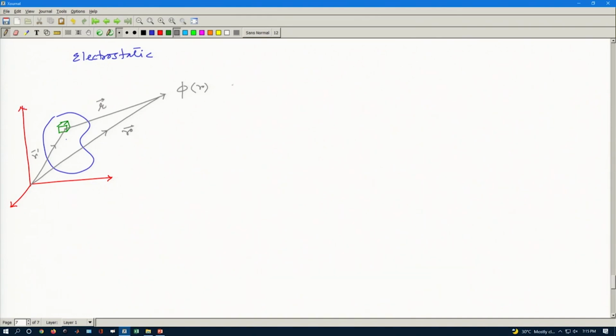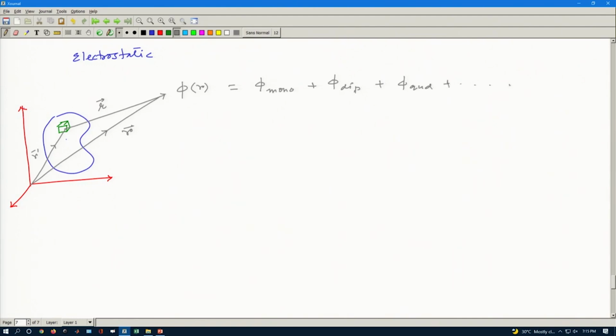But the point is, when we calculated this, we found that it is a contribution of the monopole, a contribution of the electric dipole, then quadrupole and so on.